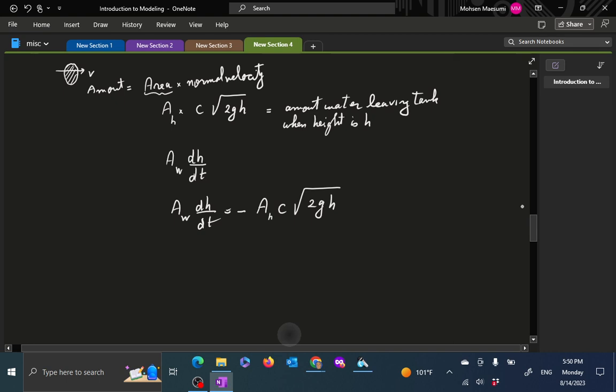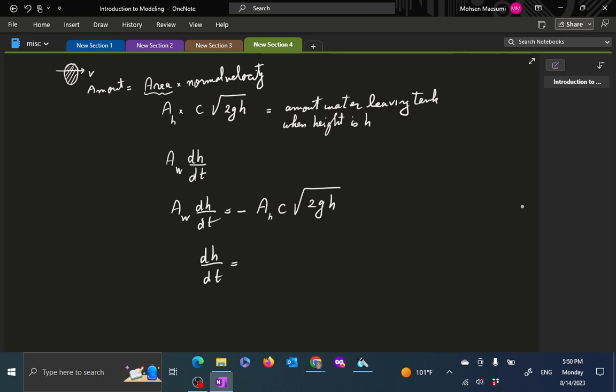So if we want to have a differential equation, we'll have dH/dt, where H was the height of water, t is time, we have ratio of the hole at the bottom to water surface at the very top times some constant times radical 2gh.